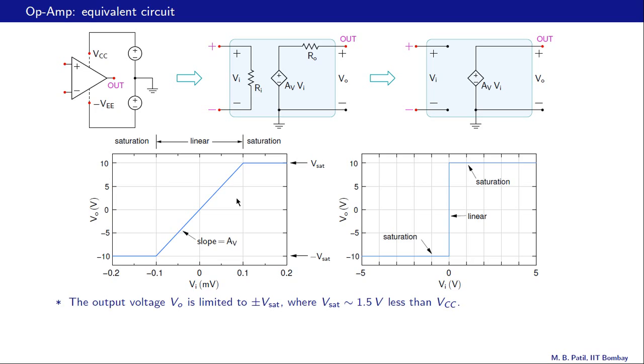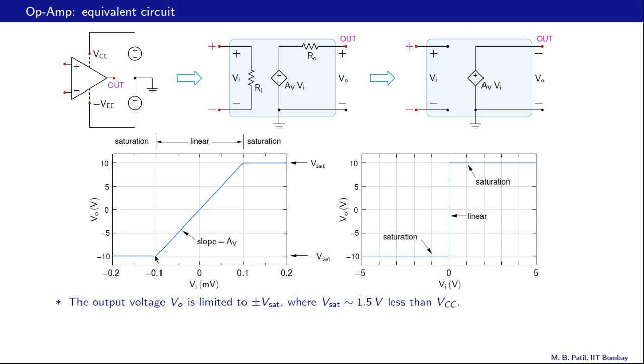In the linear region, the output voltage varies linearly with the input voltage, V plus minus V minus, and the slope is the voltage gain of the op amp, often called the open loop gain of the op amp. And as we have seen, this open loop gain is a large number, 100,000. And let us see what the implications of that are.